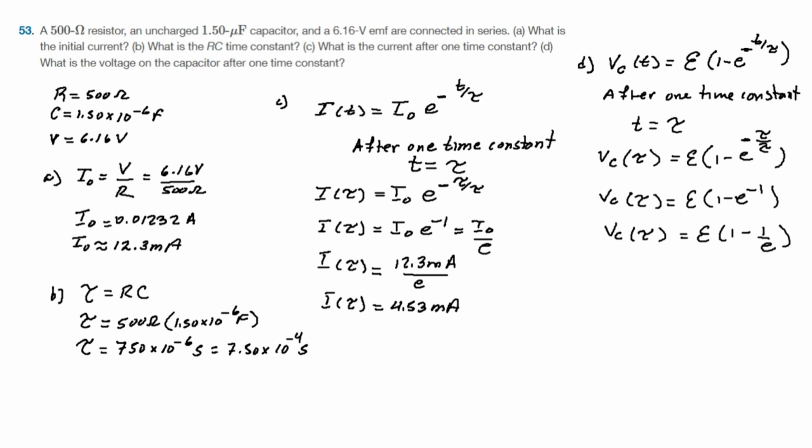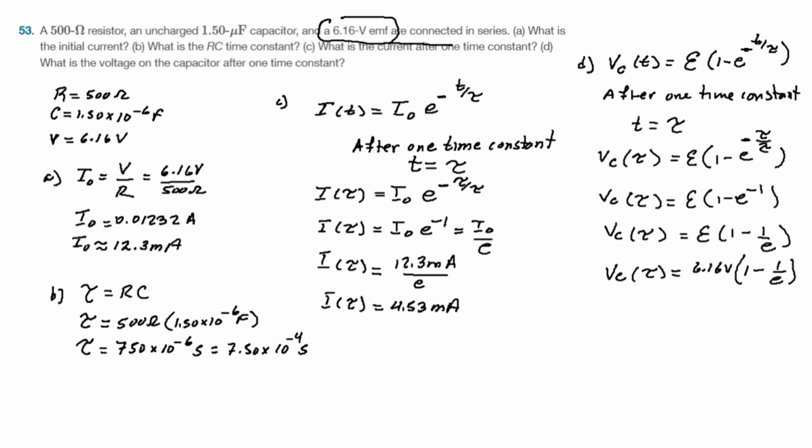Right? So this would be the voltage in the capacitor after one time constant. It would be E, which is 6.16 volts, because it's the electromotive force, 6.16 volts, times 1 minus 1 over e.